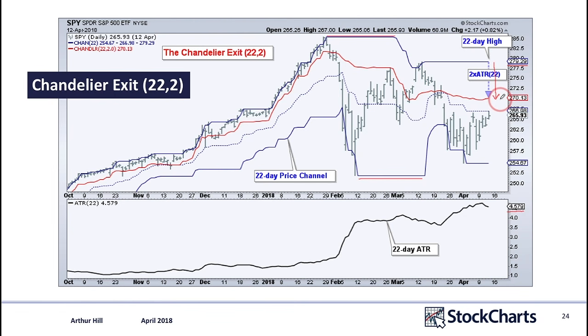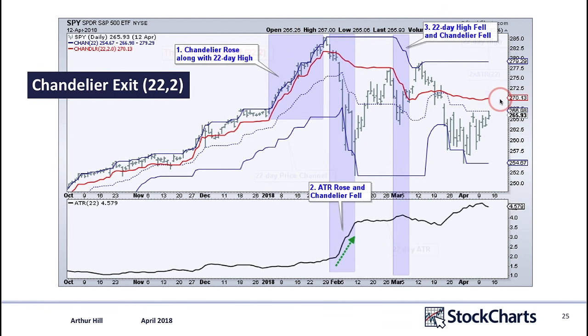So now that we understand how it is calculated, let's see how it works in action. There are 3 periods that I'm going to highlight here on this chart to show you the workings of the Chandelier Exit. The first period, you can see that blue line is the 22-day high, all right, and it is moving higher, and this is actually the previous day's 22-day high.